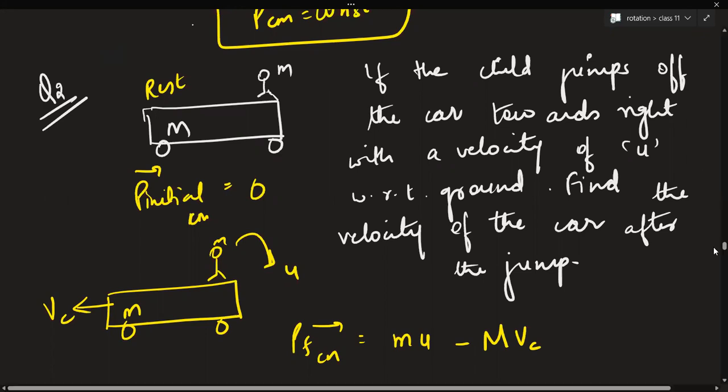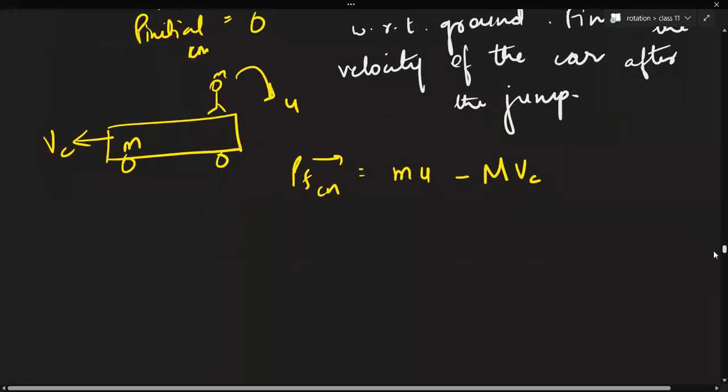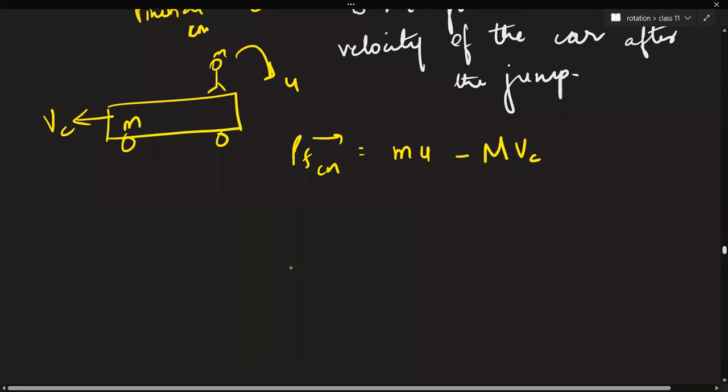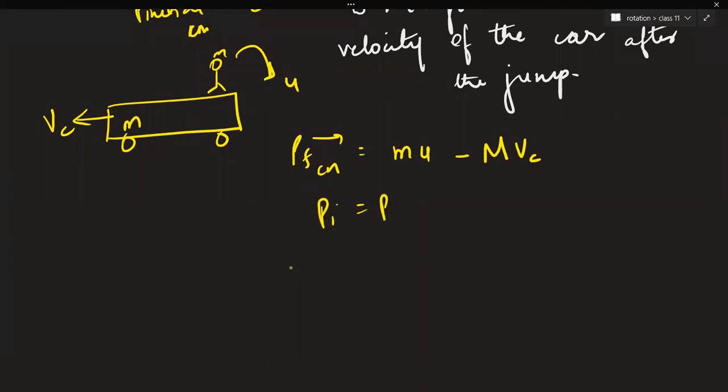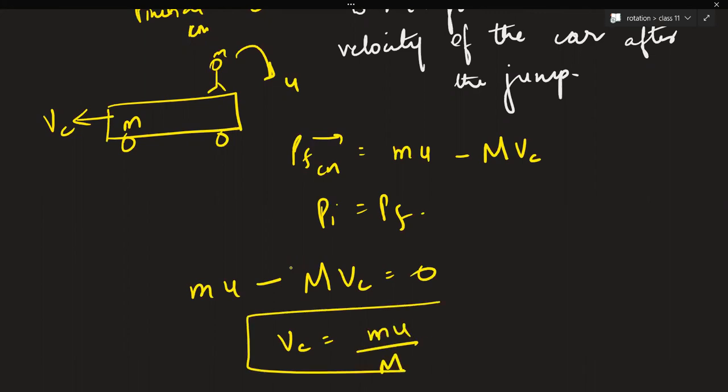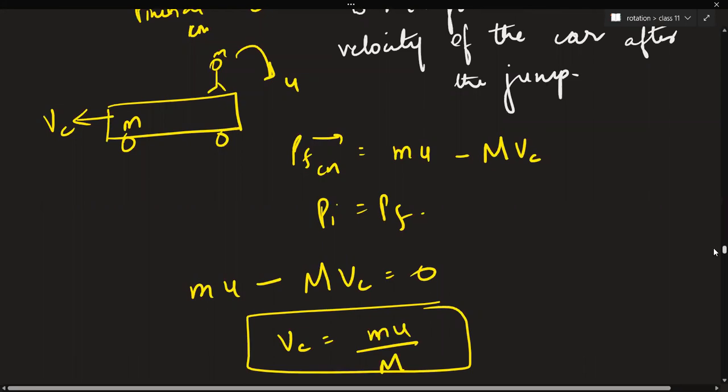Now see, momentum will always be conserved. If momentum is conserved, this means initial will be equal to final. So mu minus M vc is equal to 0. vc will be mu by M. So like this only, if you're getting questions based on conservation of momentum, like this your answers will be.